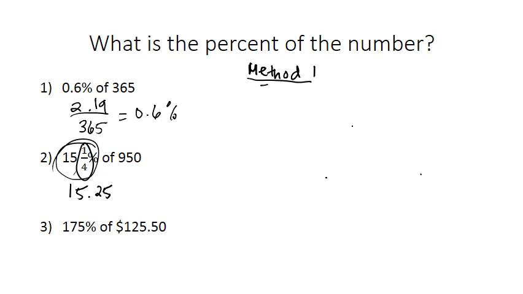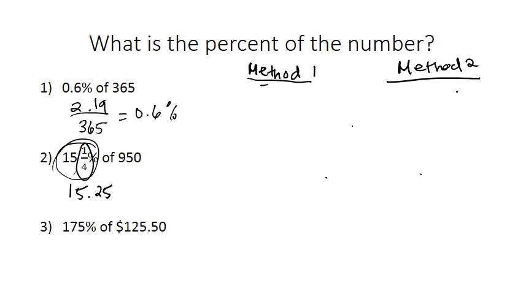Now let's do the same thing using method 2. Again, you're allowed to use whichever method you prefer. It is completely up to you. So method 2, I'm going to take, again, 15.25. I will multiply it by 950 and then divide by 100.